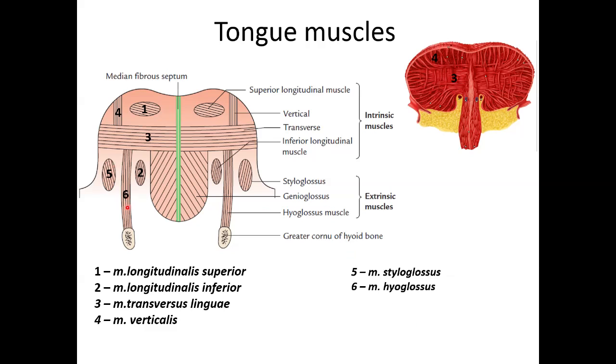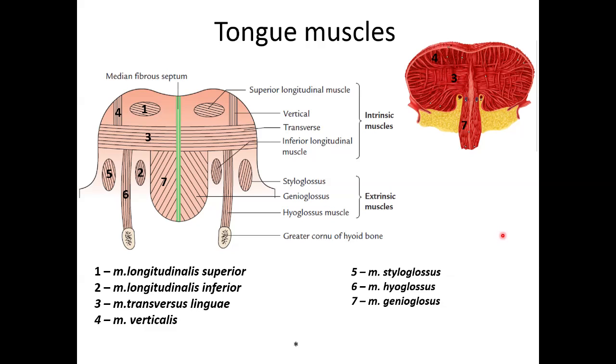Here it is, from the hyoid bone on the neck. And then number 7, musculus genioglossus, from the internal surface of mandible. Here it is on another scheme, musculus genioglossus.